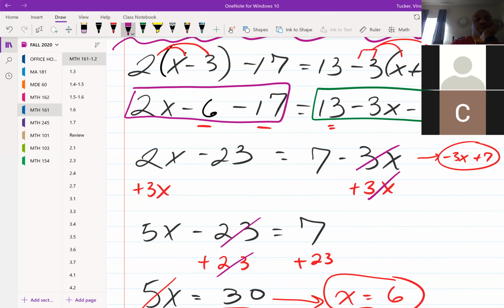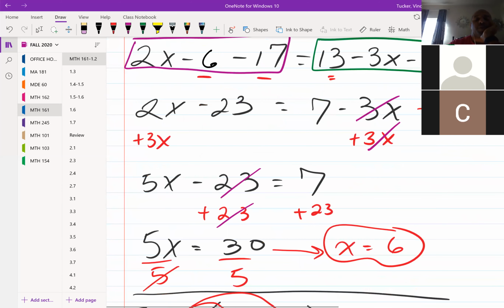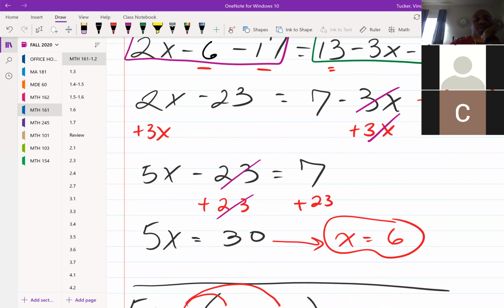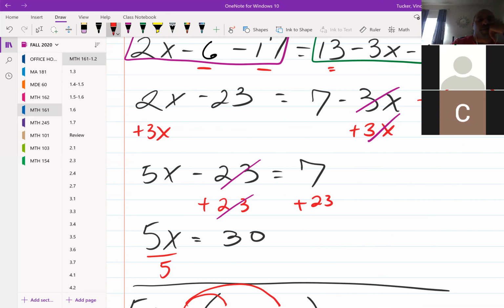So negative 23 and positive 23 will cancel, leaving me with 5x equal to 30. And then to finish it off, divide both sides by 5. And x is equal to 6.